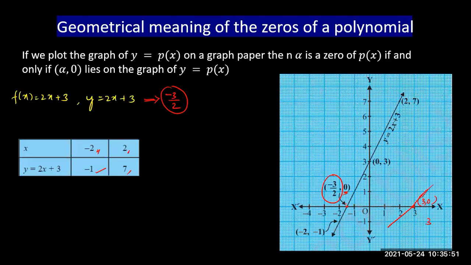Yes, sir. Okay. Similarly, if you take ax plus b, it is a linear polynomial and its zero is minus b by a. When you plot the graph for this polynomial, the graph cuts the x-axis at one point. For example, if the graph is cutting the x-axis like this, at this point, what are its coordinates?